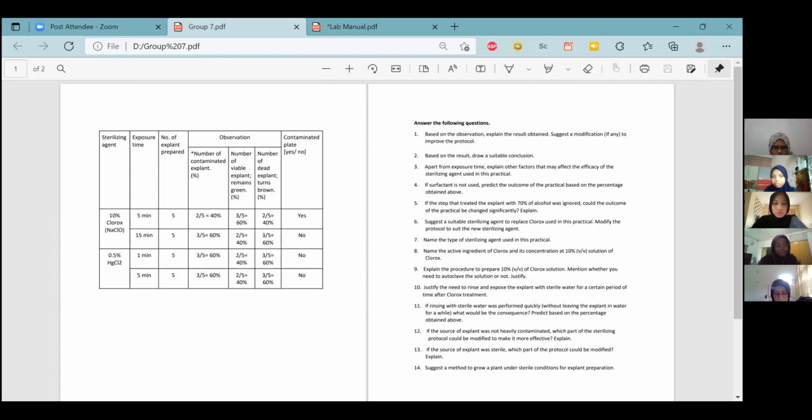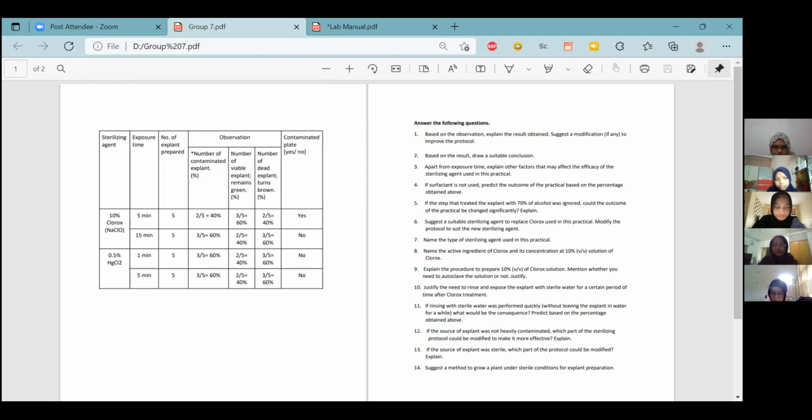So the modification that we can do to improve the protocol is maybe instead of 0.5% mercury chloride, we can reduce it a bit to maybe 0.1%, because as time increases, there is no change in the contaminated plate. No for the first minute, and no for the 5 minutes too.